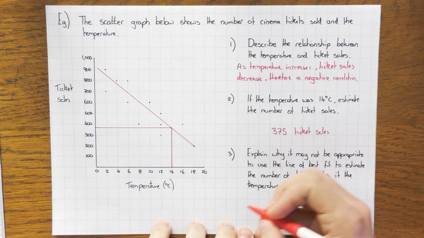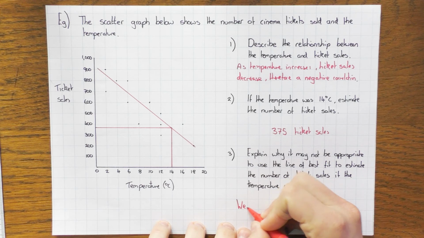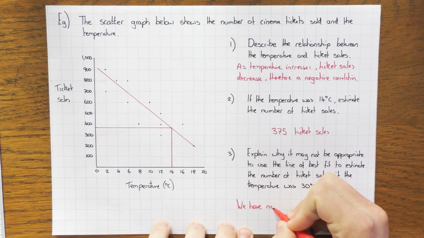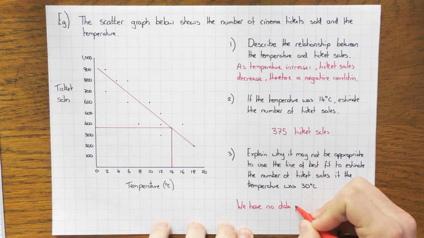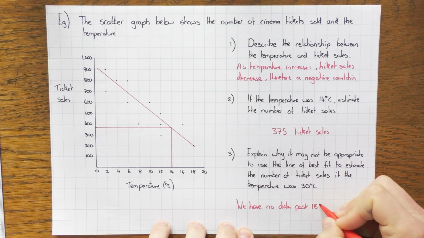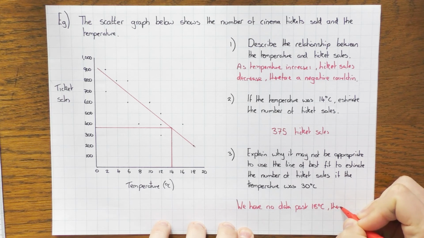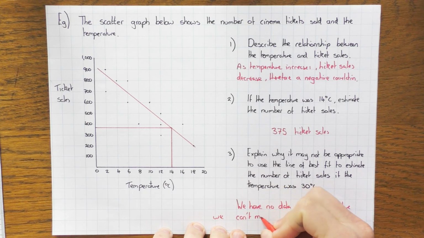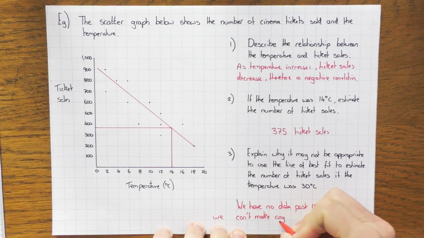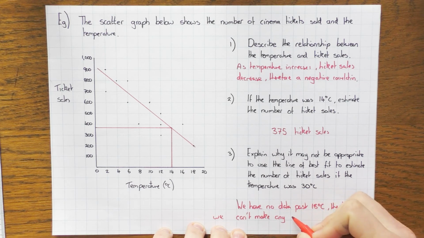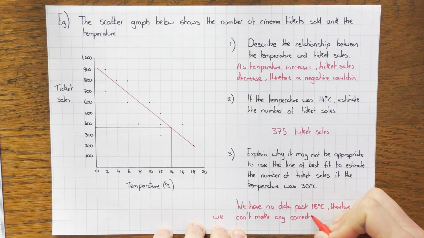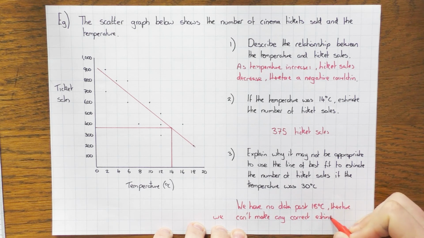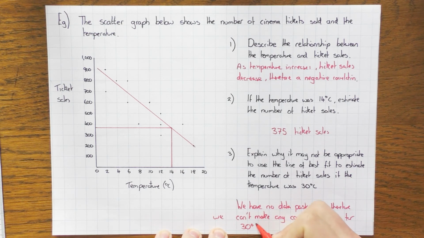So when we're answering this question, we'll say we have no data past 18 degrees, therefore we can't make any correct estimates for 30 degrees.